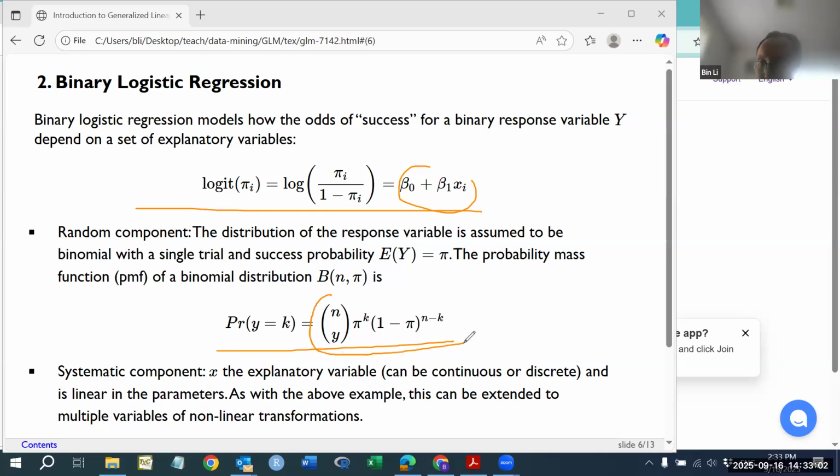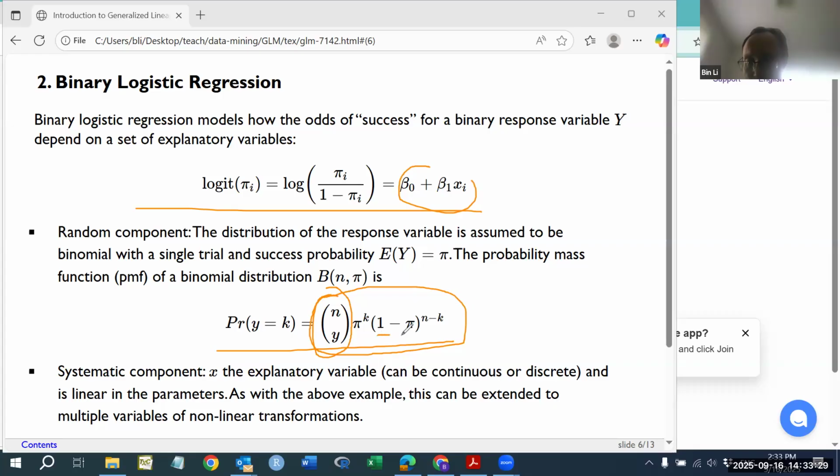We can write the PMF, the probability mass function, in this way. The first one is the binomial coefficient n choose k, times pi, the probability of being 1, to the power of k, times 1 minus the probability of being 1.